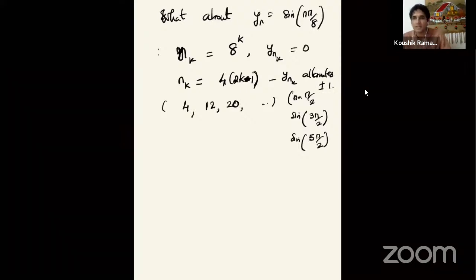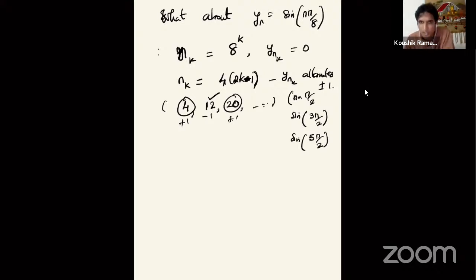So you have produced 3 subsequences, each with different limits: 0, 1, and minus 1. The plus 1 will correspond to 4, 20, and so on. These guys will correspond to minus 1. Okay. And this is quite easy, but just to say, sometimes other strategies will also help.